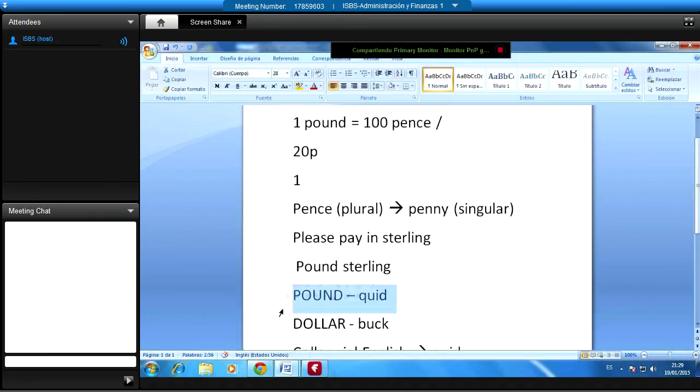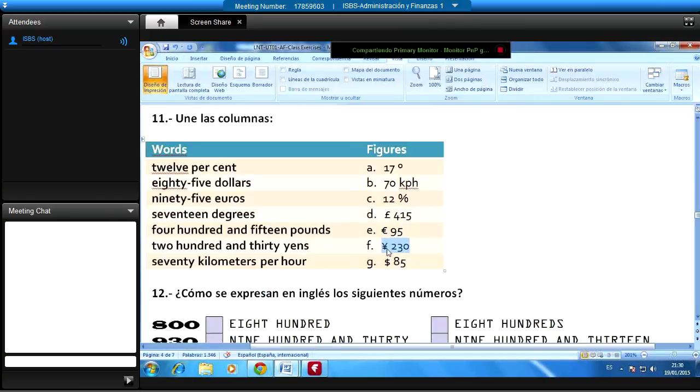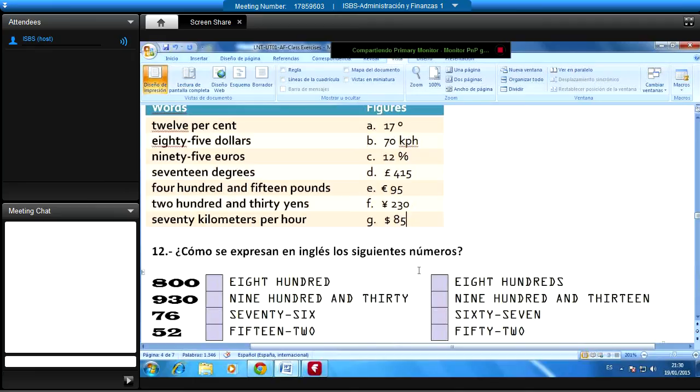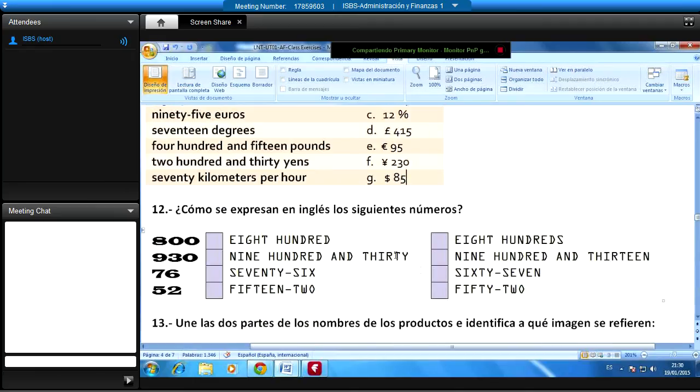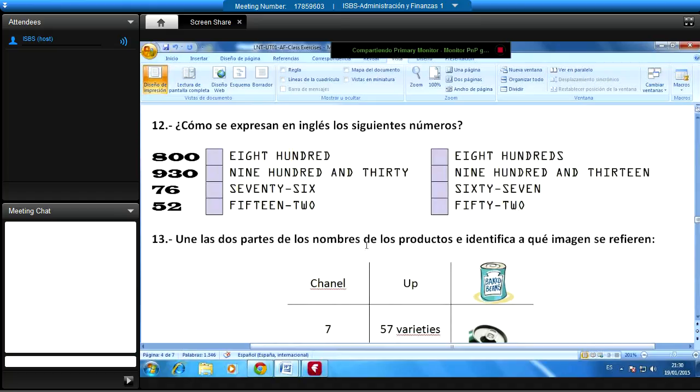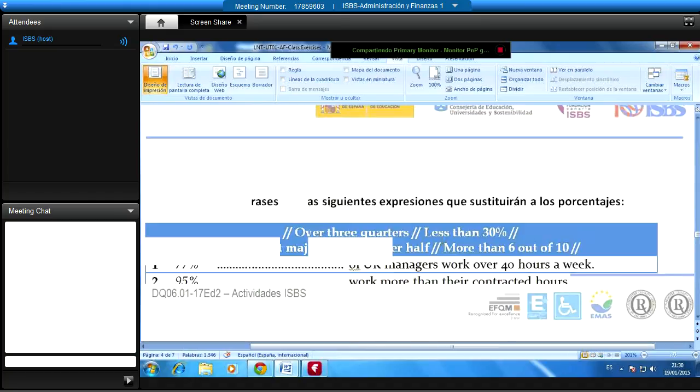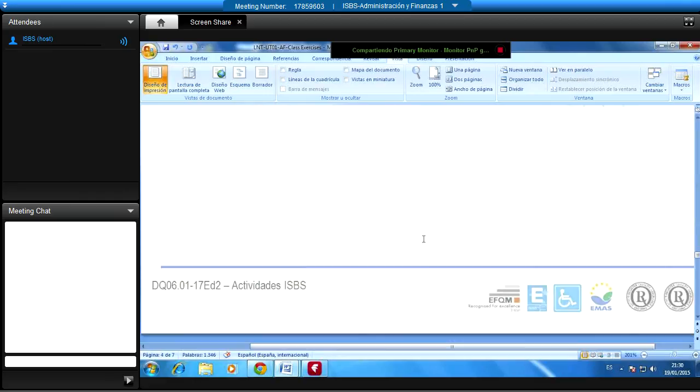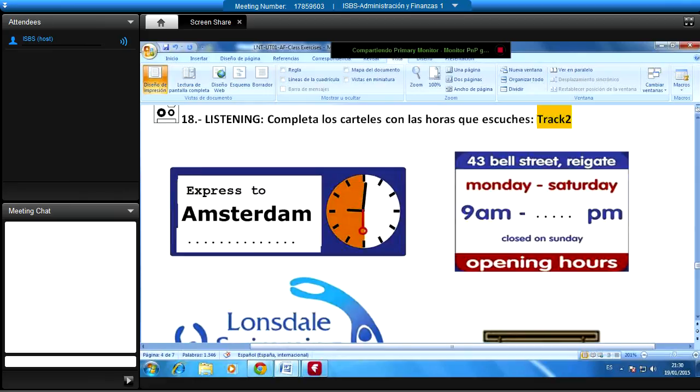Or I cannot write it here perhaps, but the cent is like the C with a line crossed out by a line, centavo, una C y una barra, a bar. Okay, this one, 230 yens, and finally, $85. If you don't say anything else, we understand it's American dollars. But there are also Canadian dollars, and many other places have dollars.